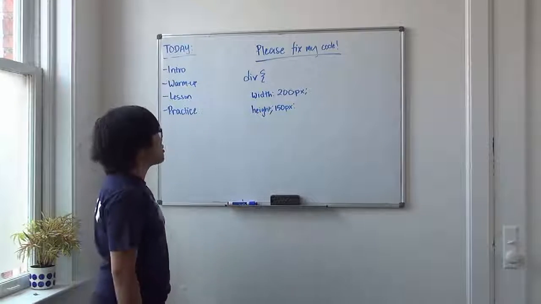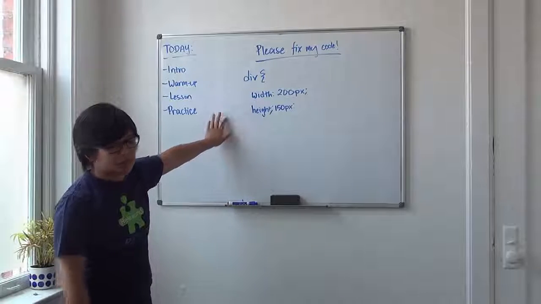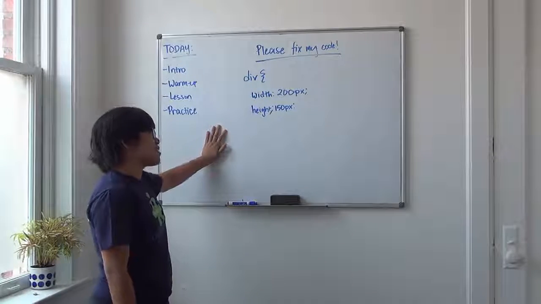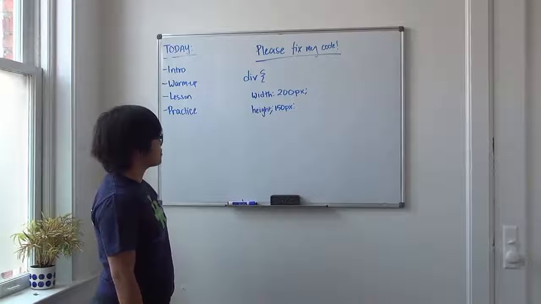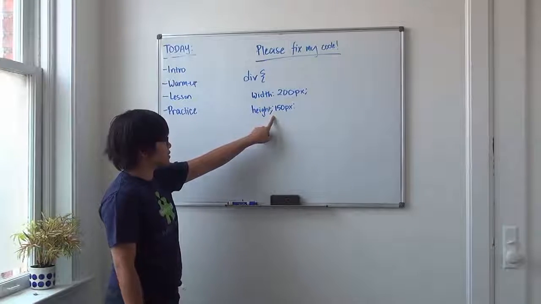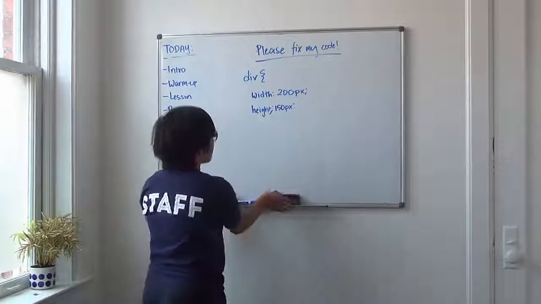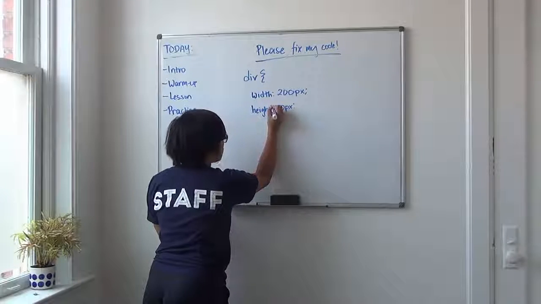But first, before we do that, I have some broken CSS code up here on the board. Can anybody help me fix it? Next to height, there's a comma and a dot, wherein it should be 2 dots. Oh, you're right. So this is called a colon when you have 2 dots.